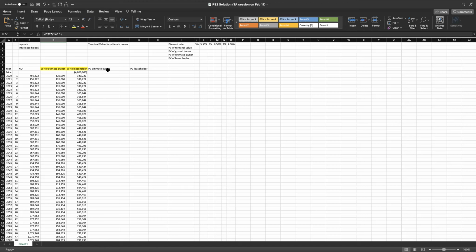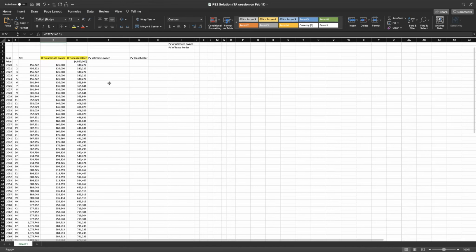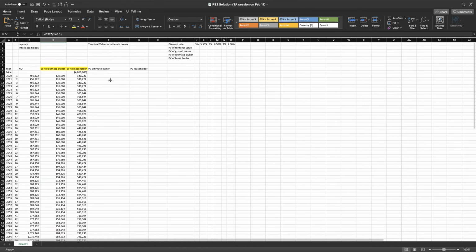One thing I want to talk about now is related to the total present value of the property for the ultimate owner. It's asked in the question, I don't know which one it is. So what is the terminal value for the ultimate owner in year 75?